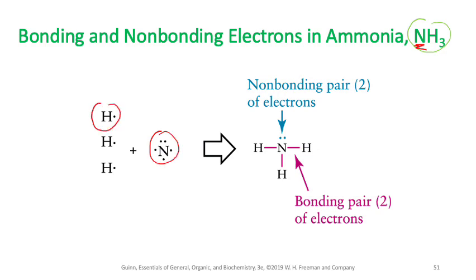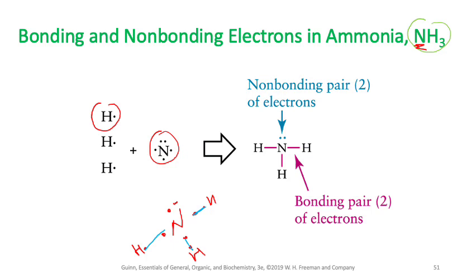This is 5: 1, 2, 3, 4, 5. So the hydrogens come close. This is a hydrogen electron, this is a hydrogen electron, this is a hydrogen electron. So they are going to make one single bond each. They pair this one, this bond, and this bond, right?